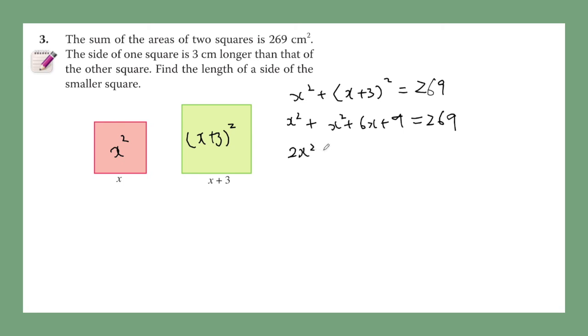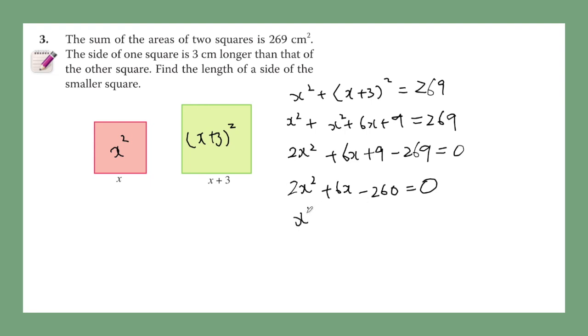So we simplify. Please remember one side must be equal to 0. Since these are all even numbers, we can simplify it further. Let's just divide by 2 across.